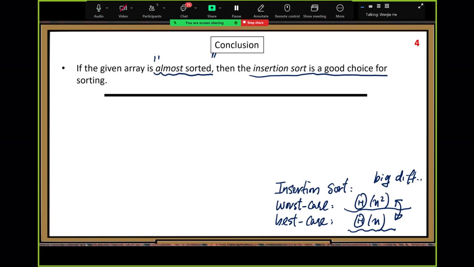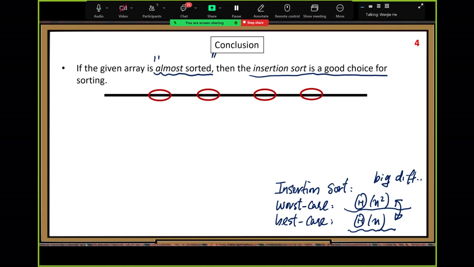Here I use this line segment in a diagram to represent our data in an array. For this data, there are a few scattered locations where the elements are not in order.